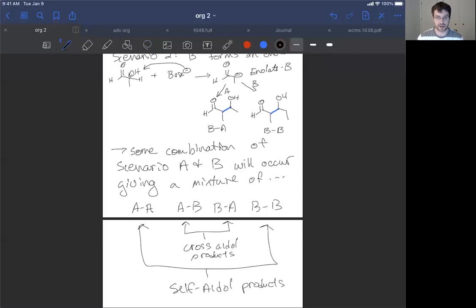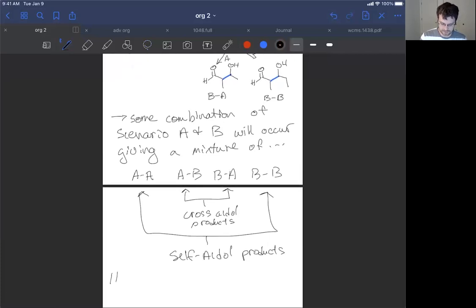So how do we get over this? How do we select for a cross-Aldol reaction versus a self-Aldol reaction? Well, first of all, we could ask the question, how do we select for the self-Aldol reaction? That's an easy one. How do we select so that we only get the products of a self-Aldol reaction?